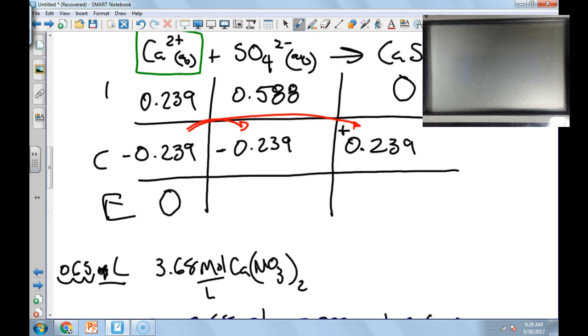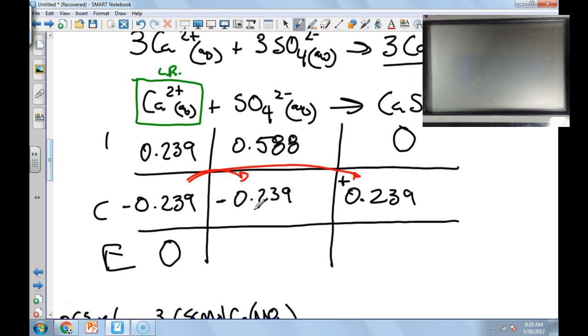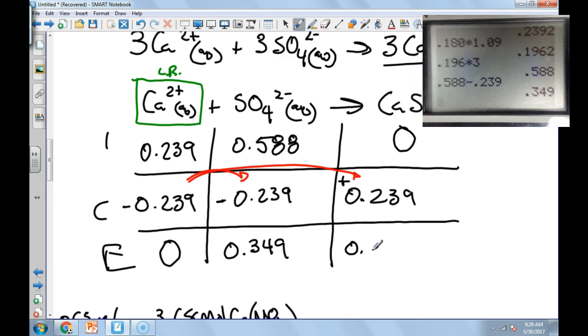Now really the only math that we need to do up until this point is a little bit of subtraction. So it's 0.588 minus 0.239, and we get 0.349 moles left over. And here we get 0.239 moles of calcium sulfate made.